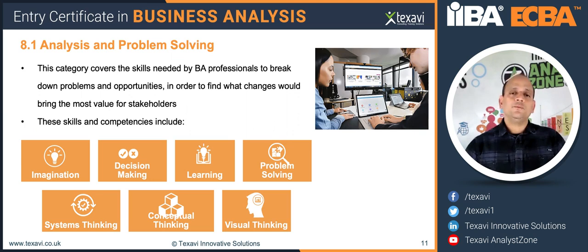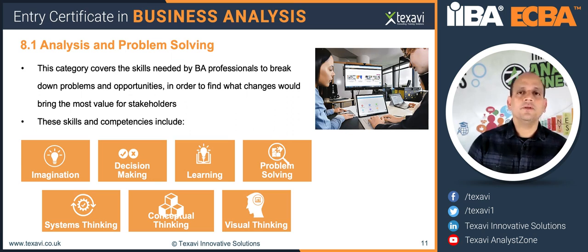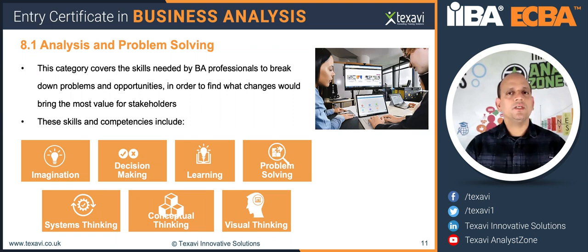And that's why we should be able to find what it is that we need to do, what steps we need to take as a team, what kind of things we need to bring forth, what changes on the functionality, or the way it should work, how that should be done, would bring the most value for stakeholders, right? This is what is important. Again, we discussed just now the value that we're going to bring to the stakeholders, whether it's customers, the users, team, employees, senior management, suppliers, anyone.